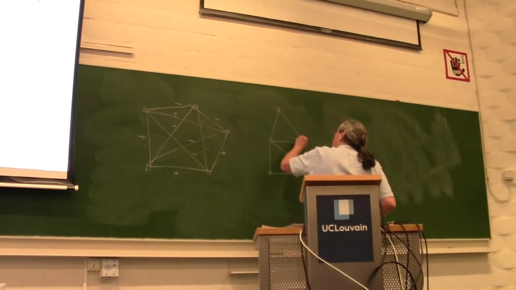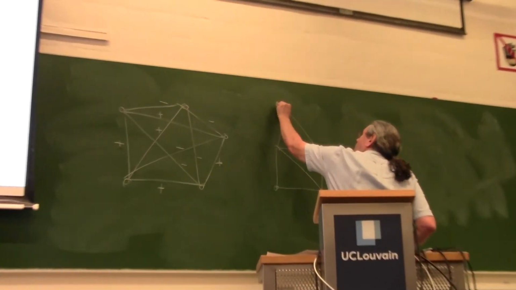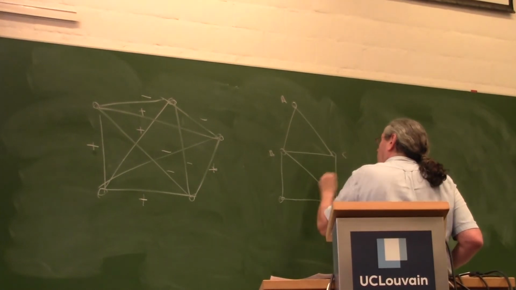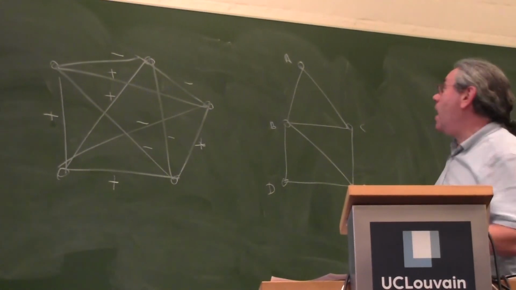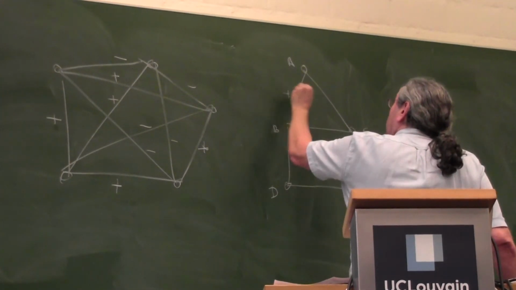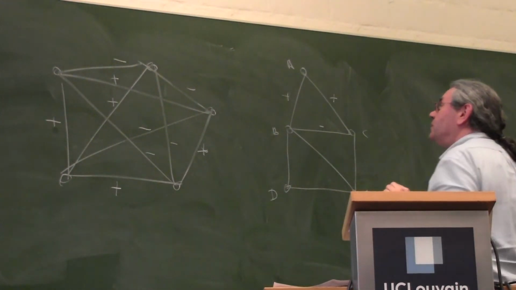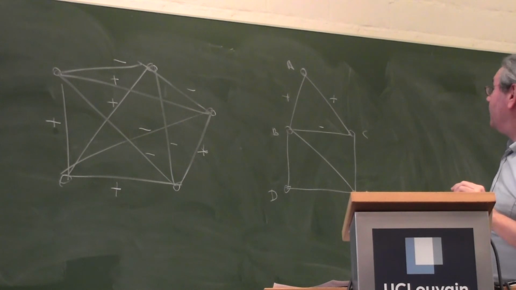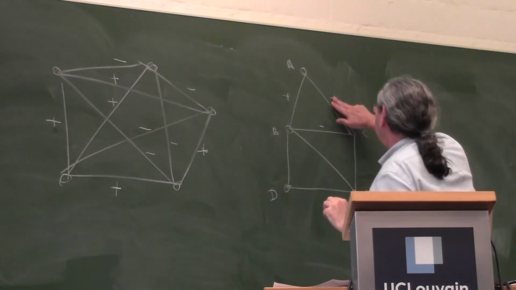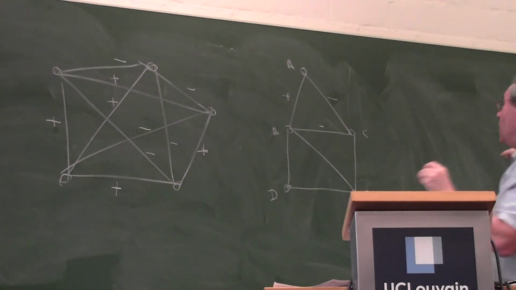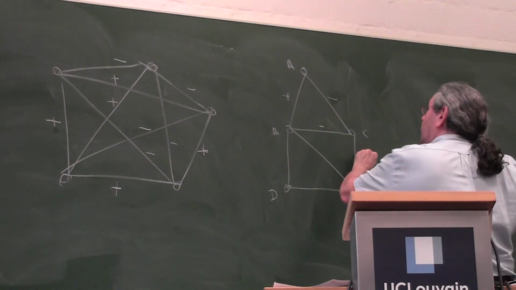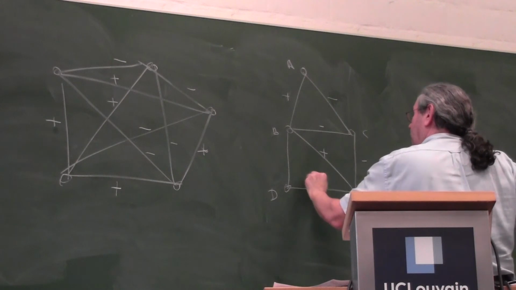For example, A, B, C, D, E. Okay, let's say I have plus, plus, minus. So that's balanced. That's actually not good. Plus, minus, like that. I have here another minus, here a plus.